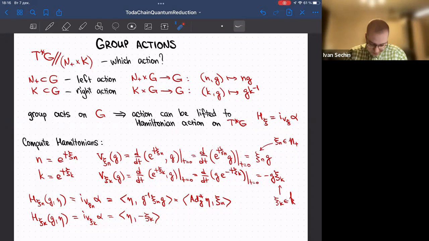I hope this calculation is very simple, and we just get such vector fields.